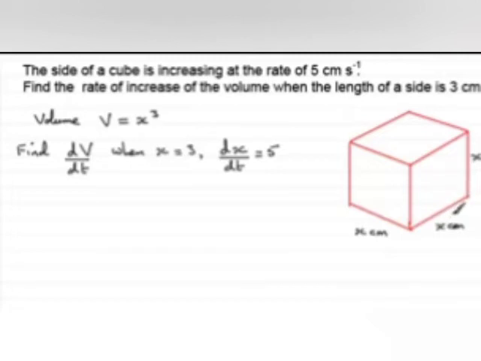That is the rate of increase of the cube in 1 second, which is 5. So let's look at it again. dV/dt is what we are looking for. We're given the value of x to be equal to 3, and our dx/dt is equal to 5. Why? Because the rate of change given in the question is 5.